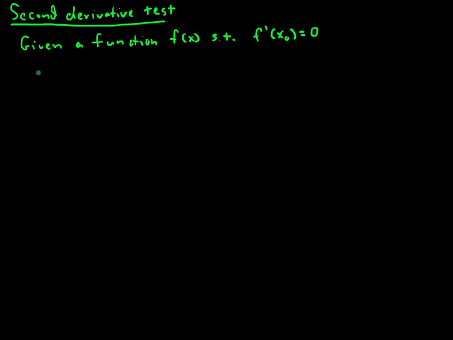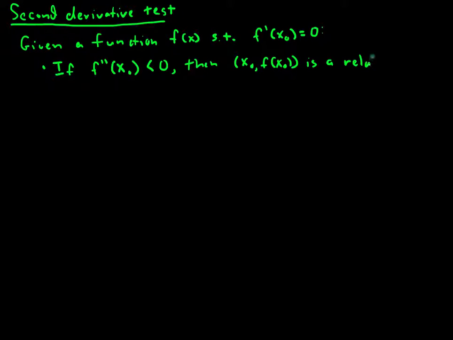What this means is one of two things. So given that, if f double prime, the second derivative, of x naught is less than 0, meaning that we are concave down, then x naught, f of x naught is a relative max.